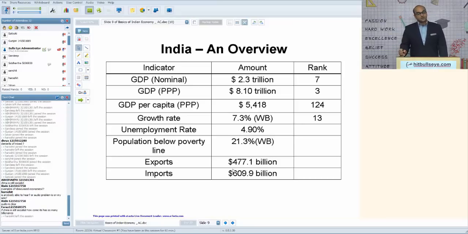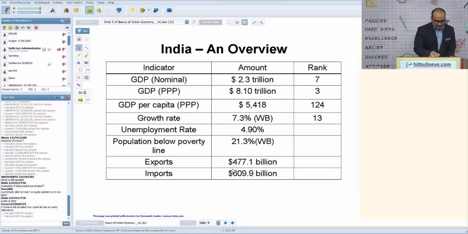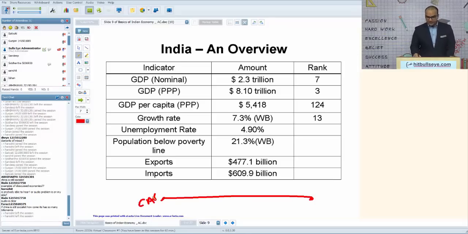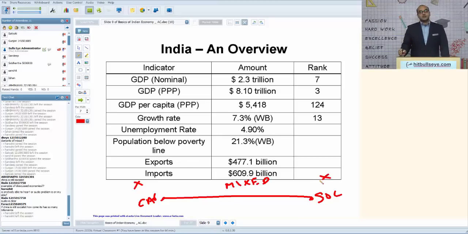Rishi, when you talk about the economic systems that we have spoken about, they usually lie on a single continuum. At one end is capitalism and at the other it is socialism, and somewhere in the middle, of course, are the mixed economies. Ideally, economies which are absolutely capitalist, there are no such economies that exist right now. And when you talk about economies which are absolutely socialist, again there is a similar story.